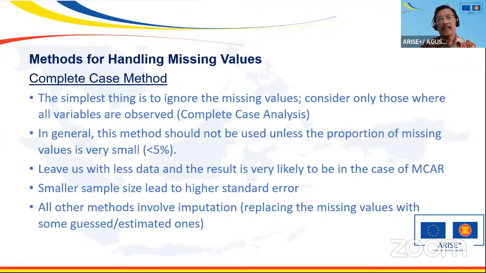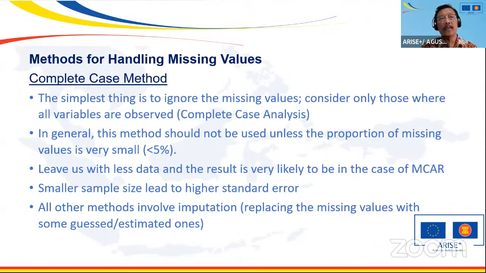Methods for handling this. So now we should think about the method for handling that. You want to impute the MAR or MNAR, and there are a few methods. Complete case method is the one for the MCAR. For MCAR, we can analyze it by deleting the missingness.